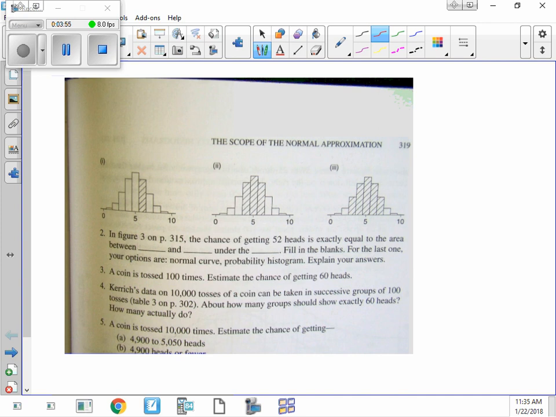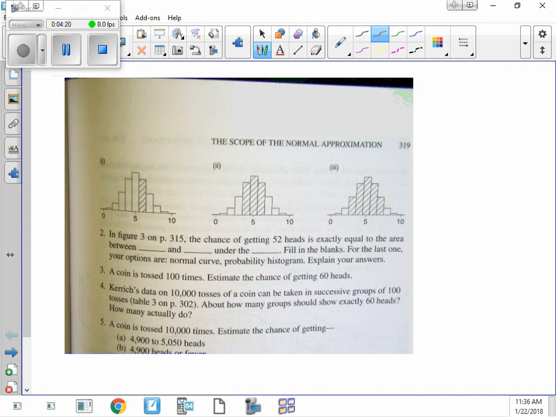We're adding up the probability histogram, which is the expected. We could do the normal curve, but actually, you can do both, right? Yeah, okay. We know how to do it both ways.